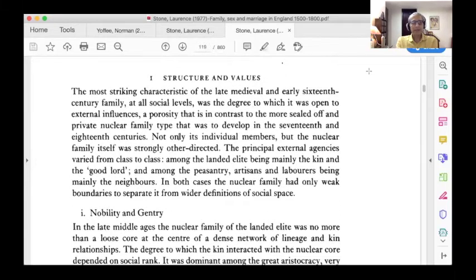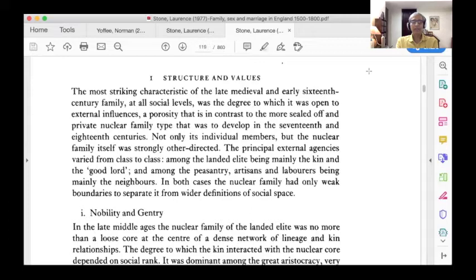So let's look at the first paragraph. Stone says, "The most striking characteristic of the late medieval and early 16th century family at all social levels was the degree to which it was open to external influences, a porosity that is in contrast to the more sealed off and private nuclear family type that was to develop in the 17th and 18th centuries.